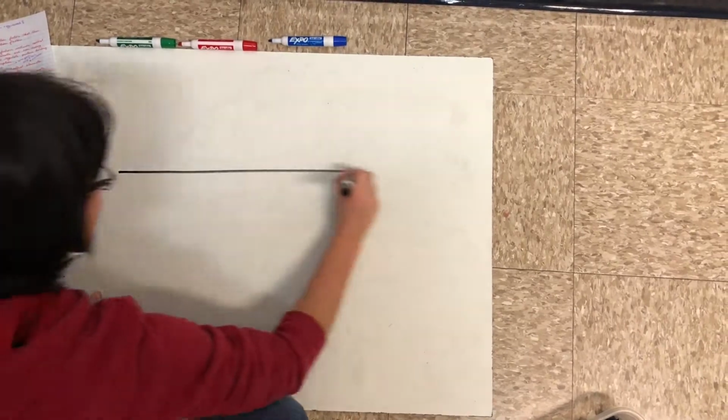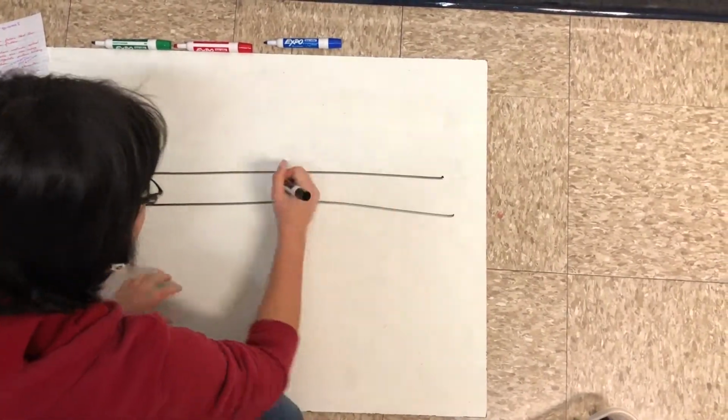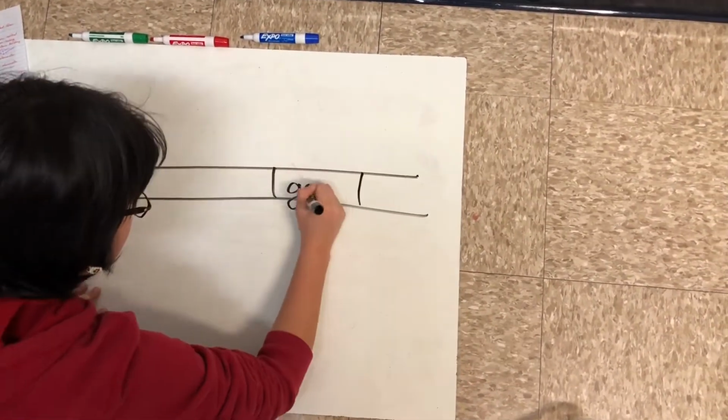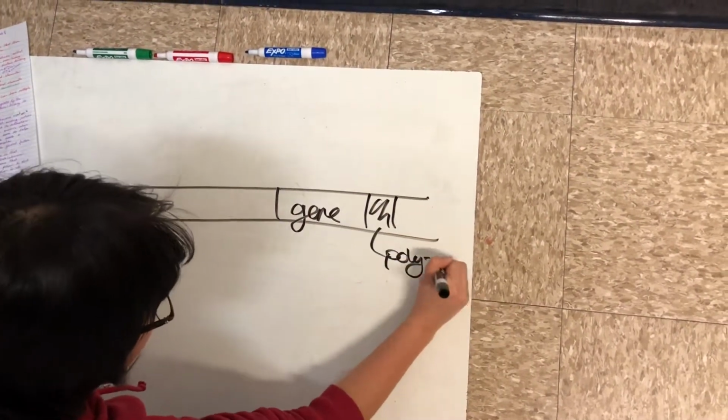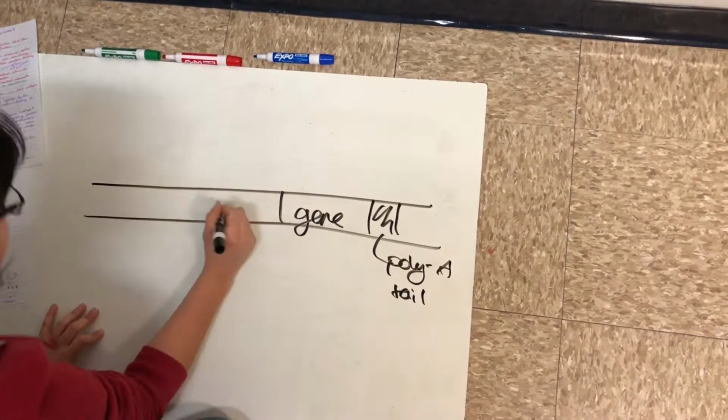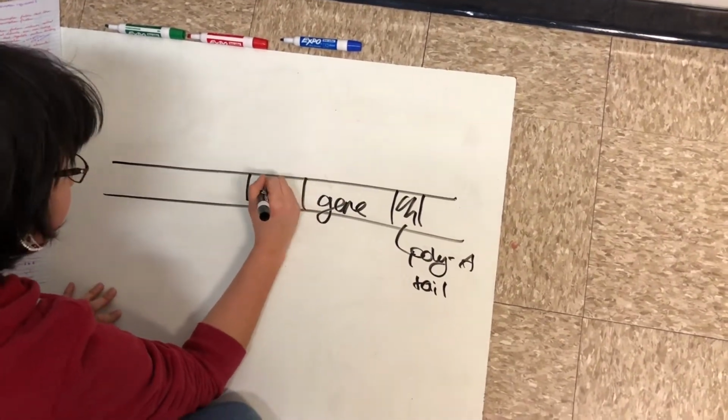Now let's draw a gene, with a poly-A tail and a promoter.